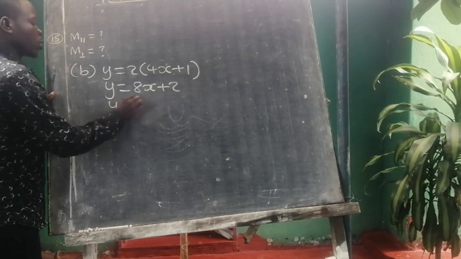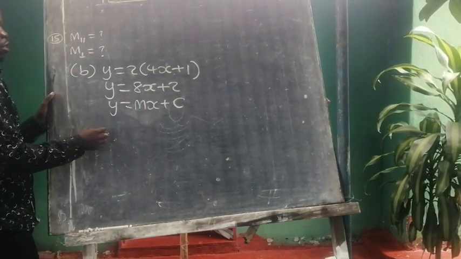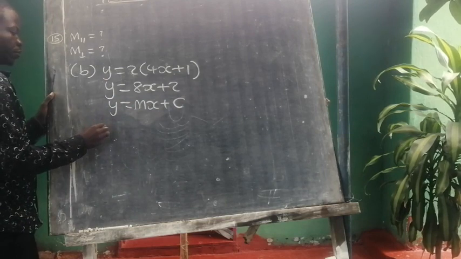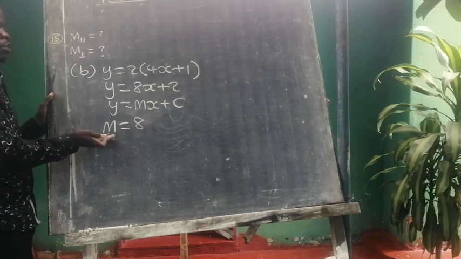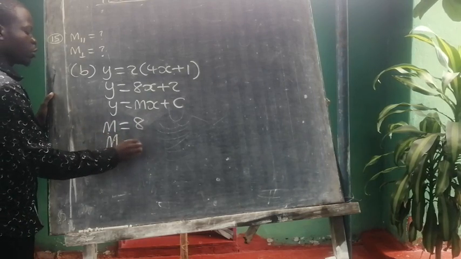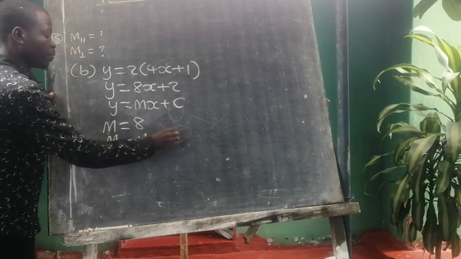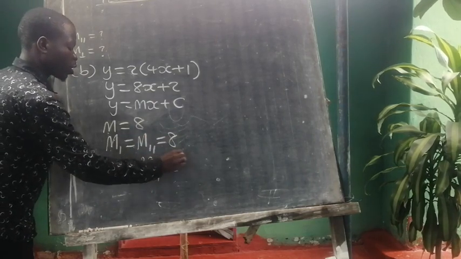So y equal to mx plus c. What is the coefficient of x? The gradient is equal to 8. This is the gradient of the straight line, which is equal to the gradient of the parallel line. So m parallel equal to 8.